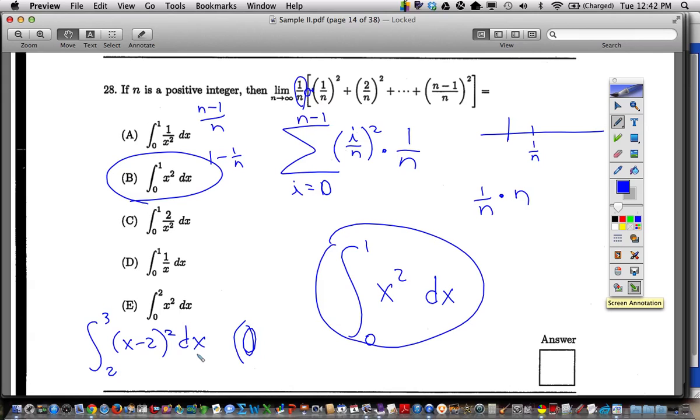Because if you take that integral there, 0 to 1, you shift it 2 to the right, now that would be the integral from 2 to 3. And so they could do that to you in a multiple choice. So you work it out the way you normally would. You come up with your integral. If it's not in the list, look for one that might be a shifted version of what you have. That's what you got to be careful of. Okay? It turns out that this one worked out okay.